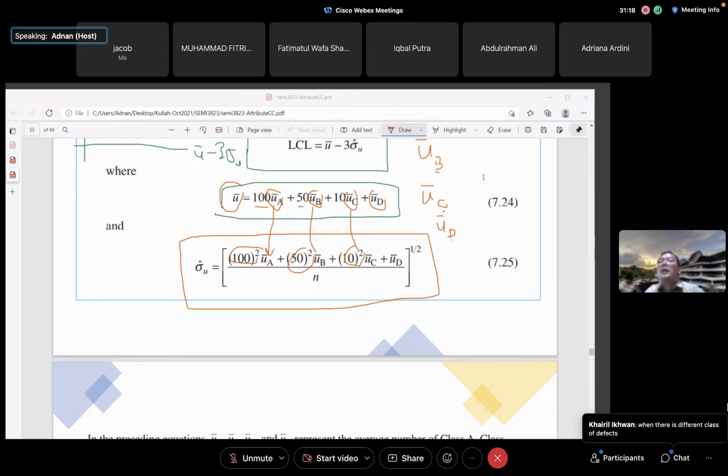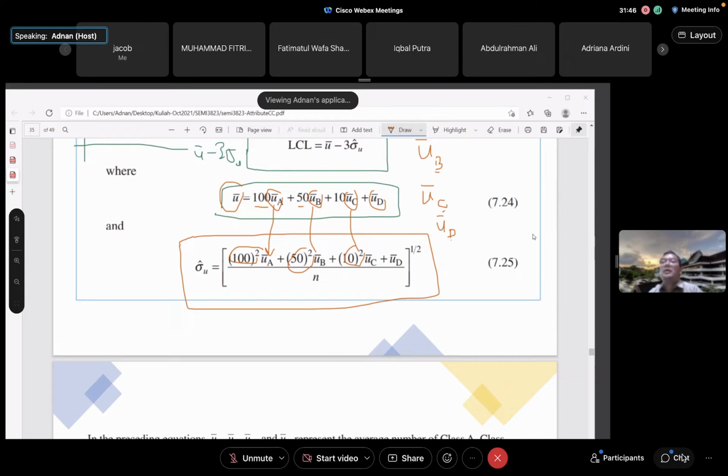Why do we need demerit control chart? What is the limitation of other attribute control charts? Why do we need another type of chart? Why do we need demerit control chart? Okay, please respond to the chat box.